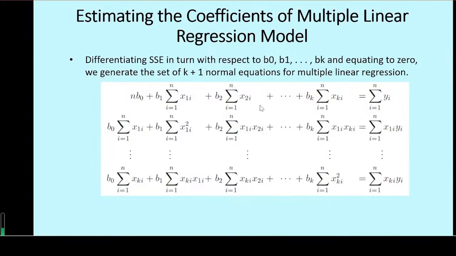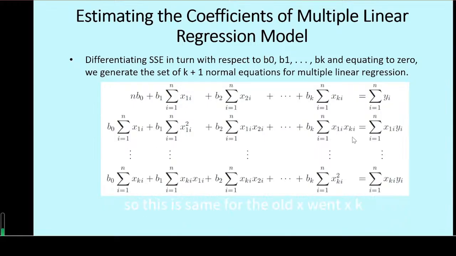Then we can get a series of equations. This is called the normal equations for multiple linear regression. You can see all the equations except the first one: the key equations involve the sum of the x variable, then plus its square, then its multiplication with all the other x variables.